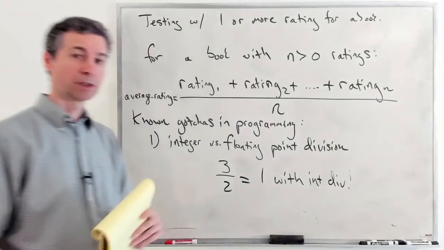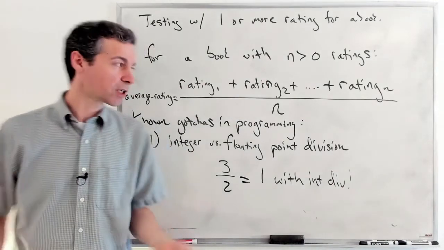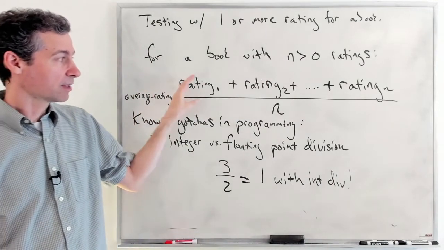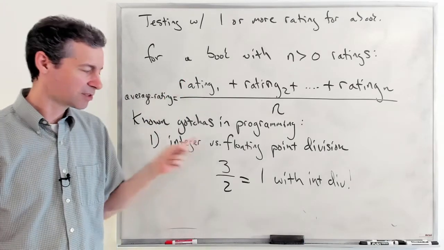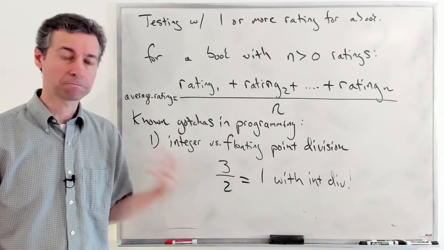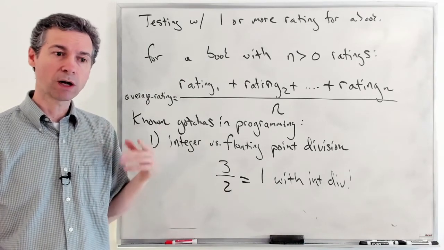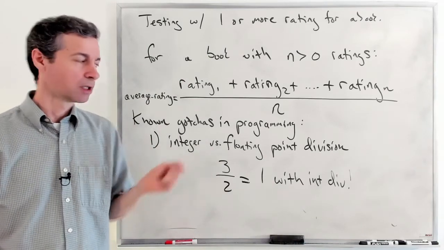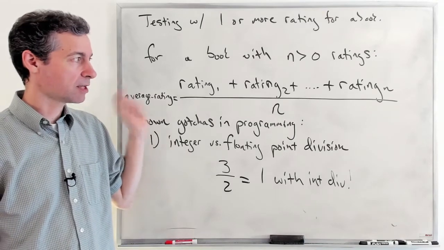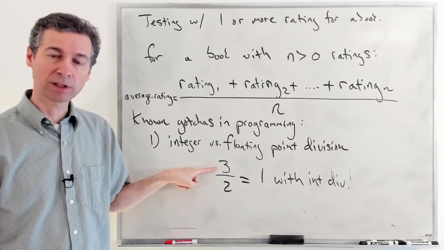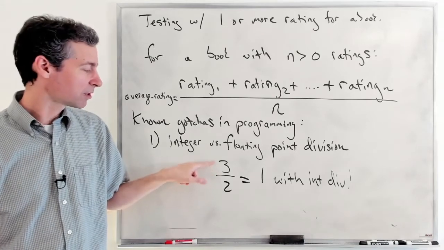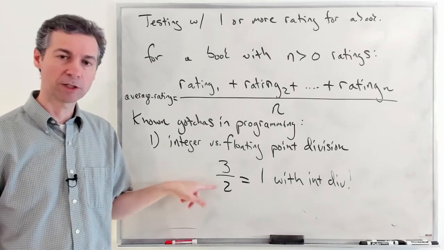And so when we're going to be testing this, we say to ourselves, you know what? This is a mistake that could be easily made by me. So I want to be sure to test it with input that sums up to something that's not evenly divisible by the number of items there.